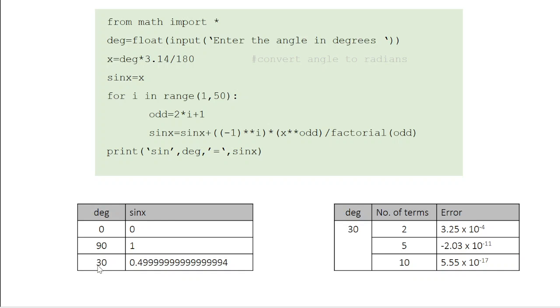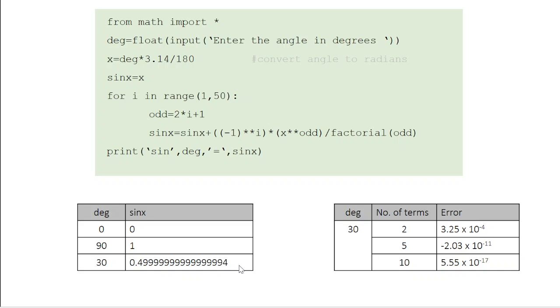Now you give another value like 30, sine 30 equal to 0.5. So actually you are expecting the answer to be 0.5, but in this program, if you give the input as 30, you don't get 0.5, instead you get 0.999994, something like this. And why is it so?